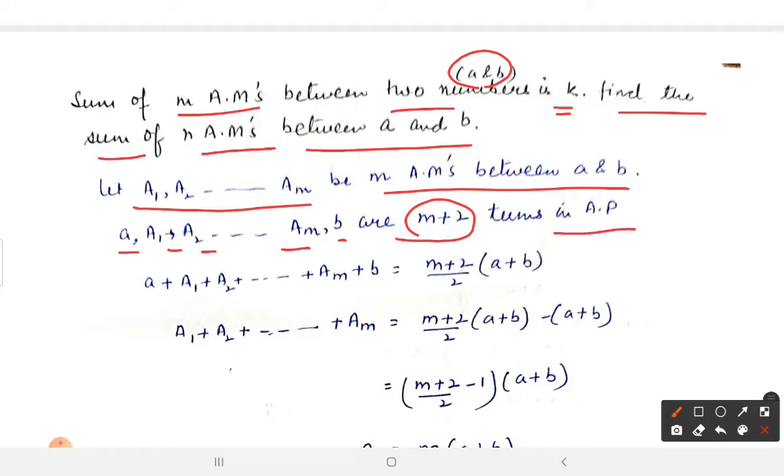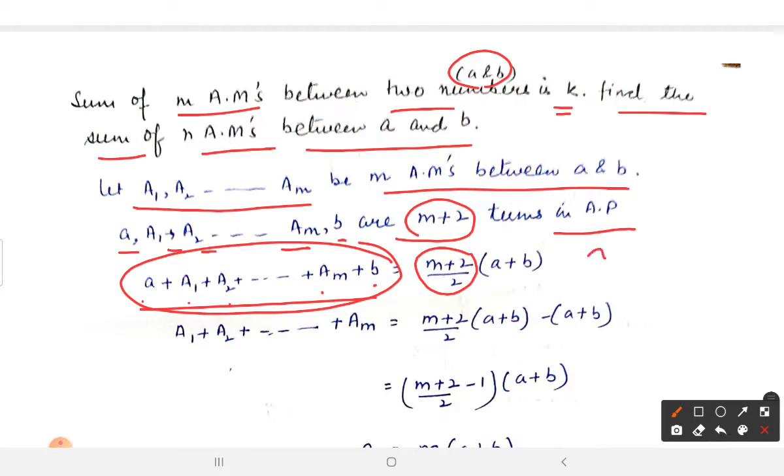Let us add these terms: A + A1 + A2 + ... + Am + B. What is the sum of m + 2 terms? The sum of n numbers is n/2, first term plus last term. Here the number of terms is m + 2, so it is (m + 2)/2, the first term is A and the last is B. So (m + 2)/2 (A + B).